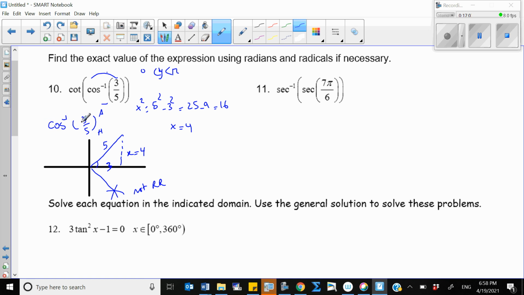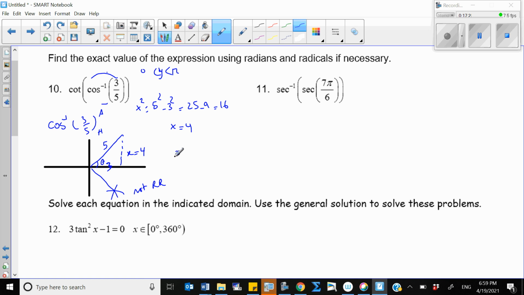Now, what is the answer to this question? It's going to be the angle that we have here, but we don't really need to find that because the question is asking what is the cotangent of this angle. So as long as I have the ratio of the sides, I don't really need to find the angle.